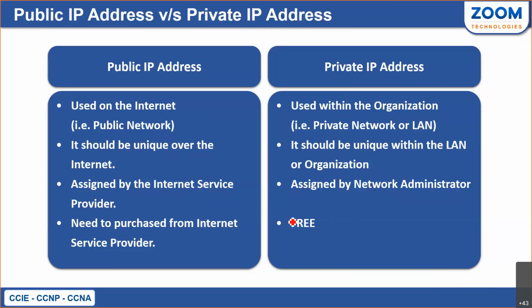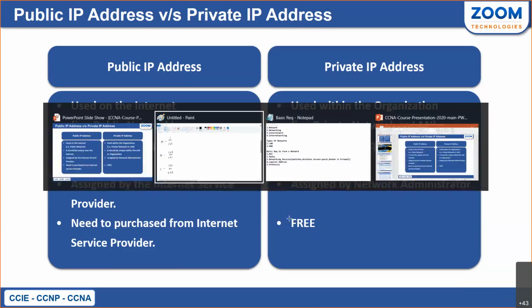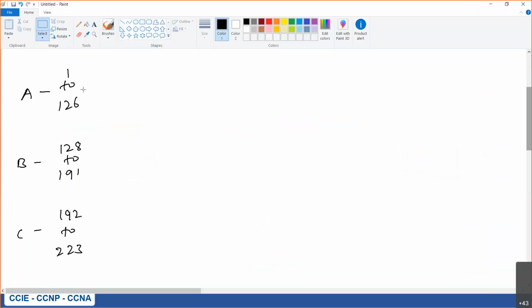But which IPs are private IP addresses and which ones are public IP addresses? We have a certain range of IP addresses for each class A, B, C. Let me tell you that range. So class A addresses are 126, right?